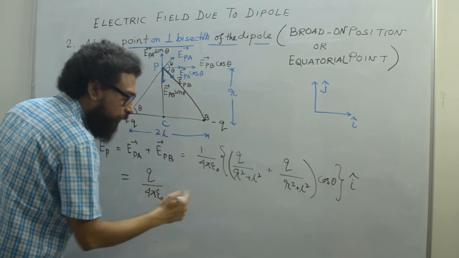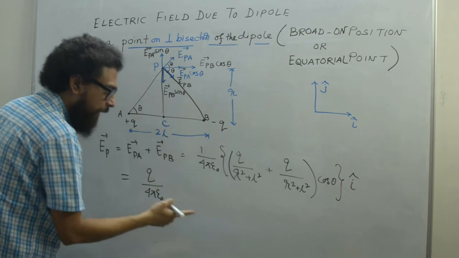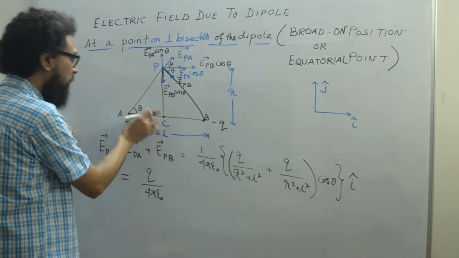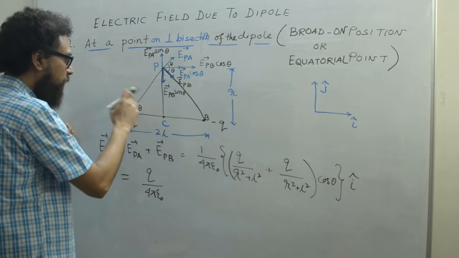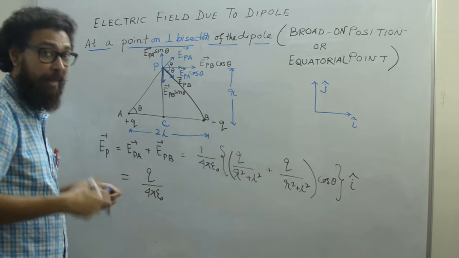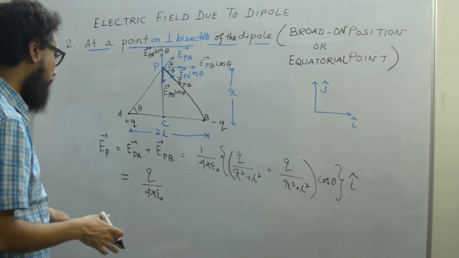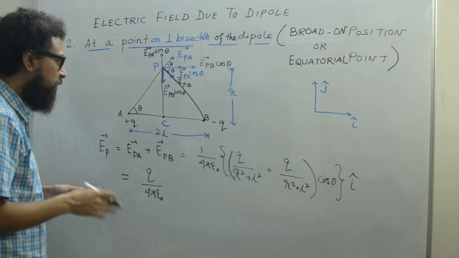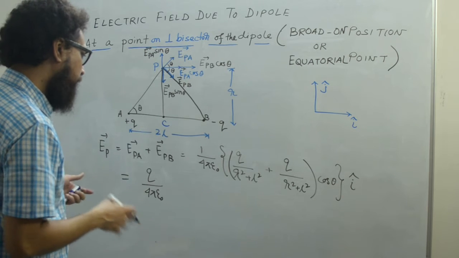So what you are going to get? You are going to get cos theta is L by hypotenuse, that is L by square root of R square plus L square. That is going to come. Okay, no issue. So if it is so, we can go for it.